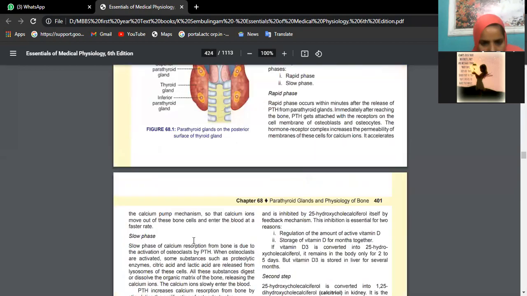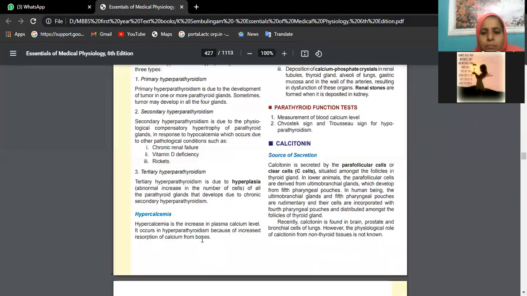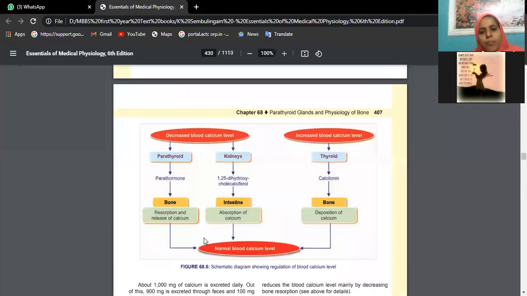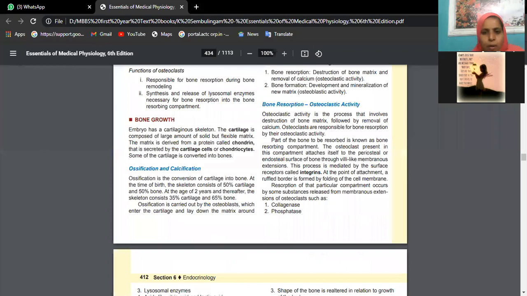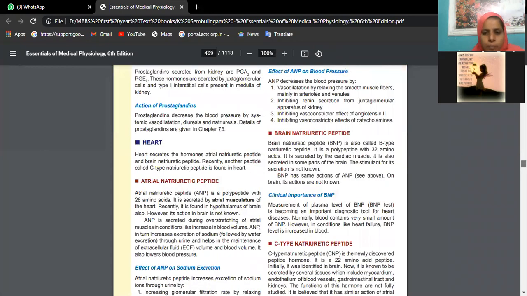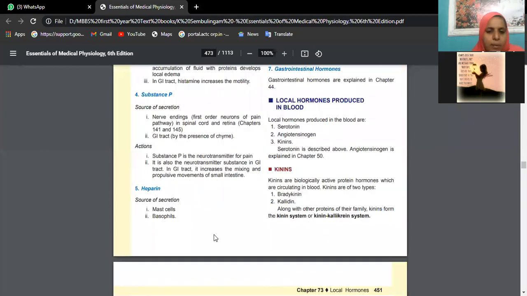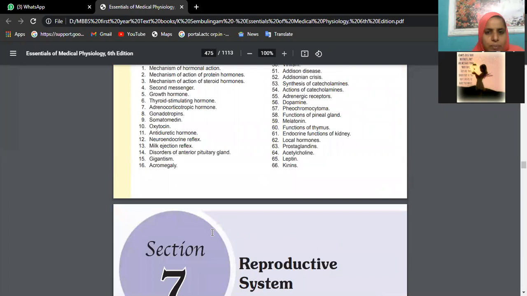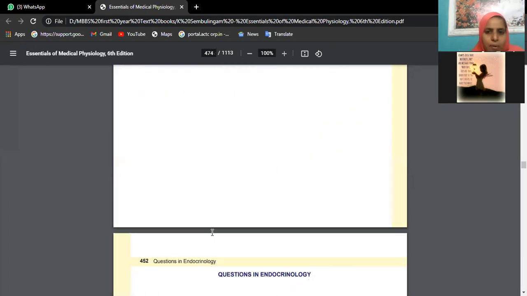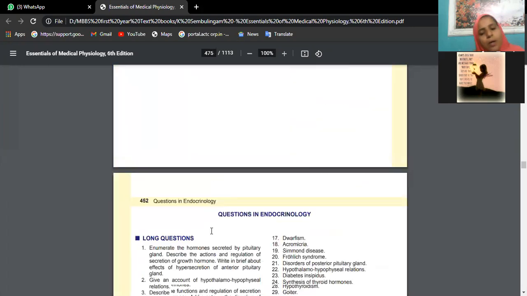What happens there, beta? You are right. Due to improper, like deficiency of RBC, the oxygen is unable to reach the tissues. No? Yes, ma'am. Okay, very good.